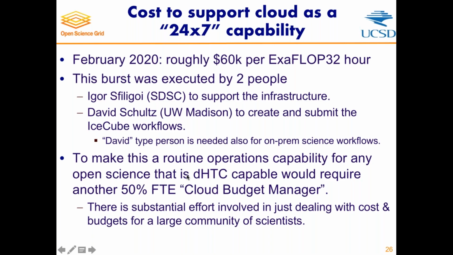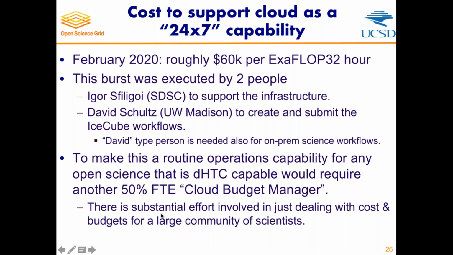And if I wanted to offer this as a financially sustainable service, I would need, in addition, about half an FTE of a budget manager, because if you do this for many, there's a significant amount of effort required to just deal with costs, budgets, deal with the cloud providers, deal with the customers, and all that kind of jazz.